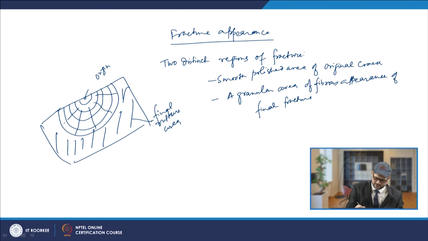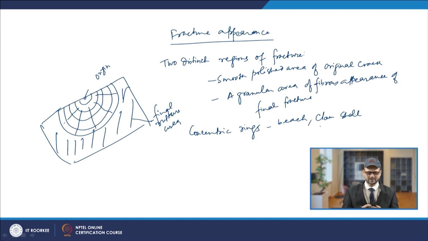These concentric rings are also called beach marks or clamshell marks, or even conchoidal marks, and they show the delay in the fatigue loading cycle. These concentric rings show that delay part.